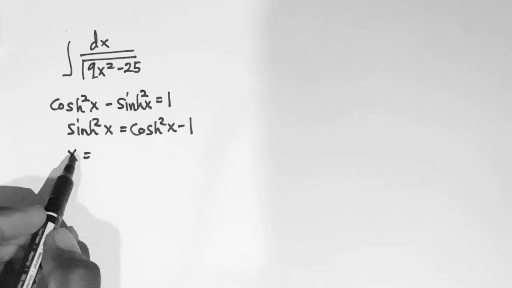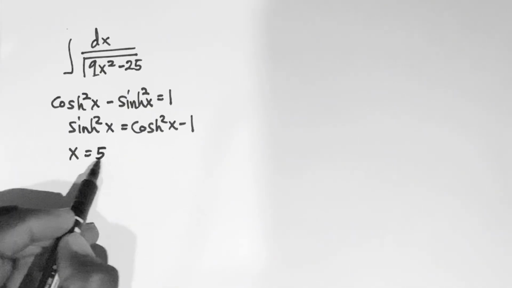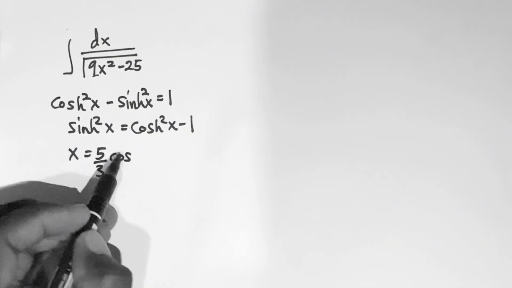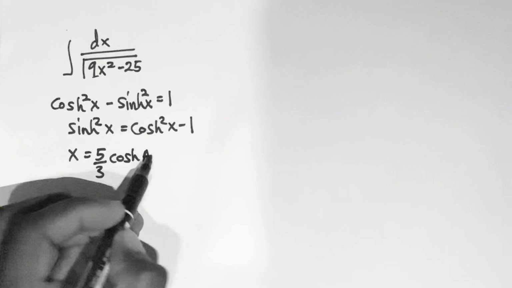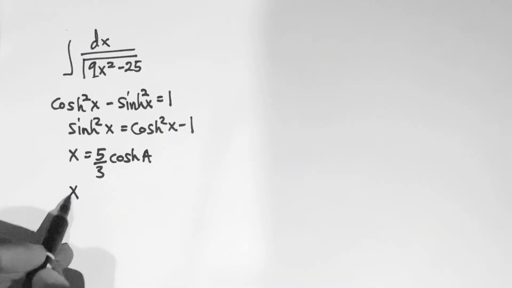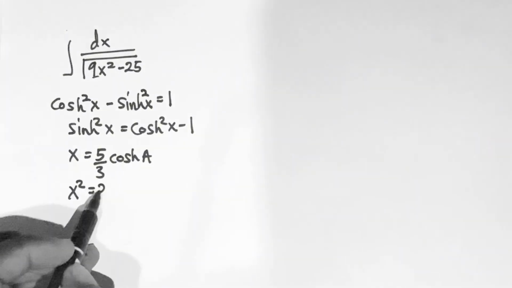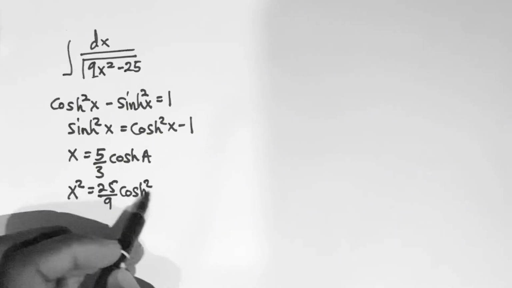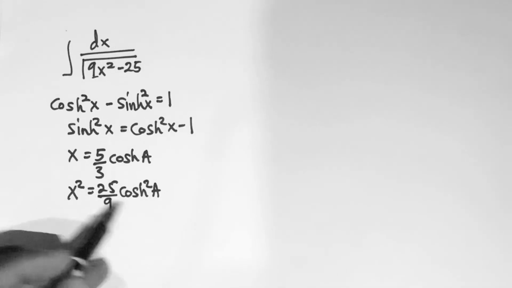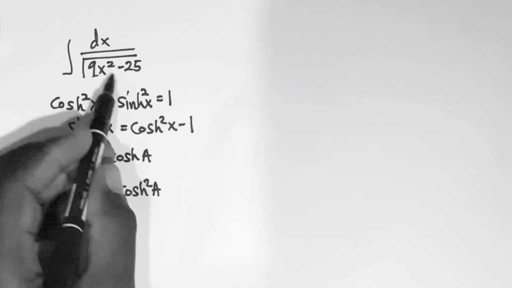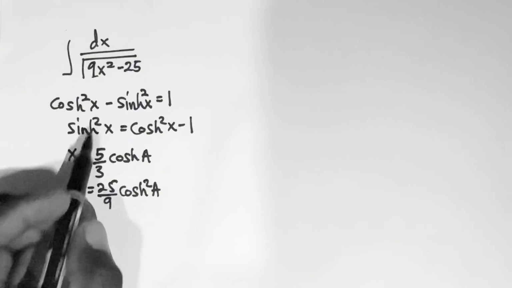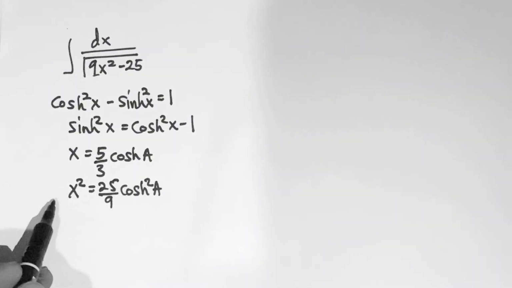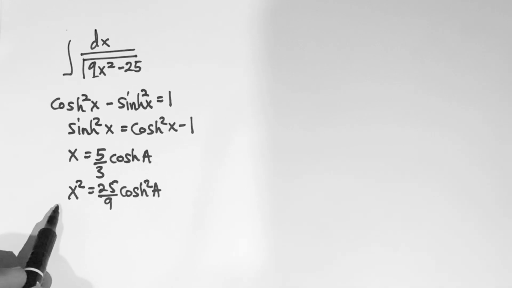So we will let x be equal to 5 over 3 cosh A, such that when we square x, we are going to get 25 over 9 cosh squared A. So that when we put all of this here, we can factorize the 25 out, and we'll be left with cosh squared A minus 1. And then we can use this hyperbolic identity.